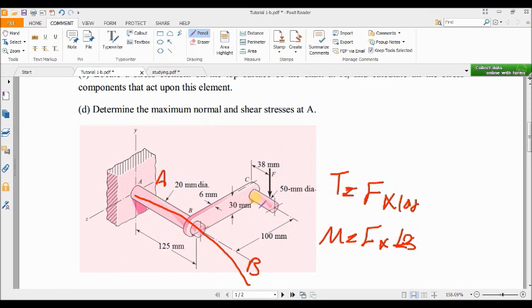And the moment is F times 125 plus this distance, because I neglected this part at first, so let me correct it.